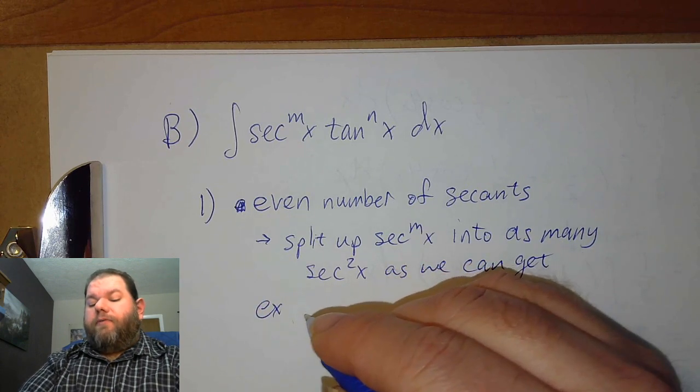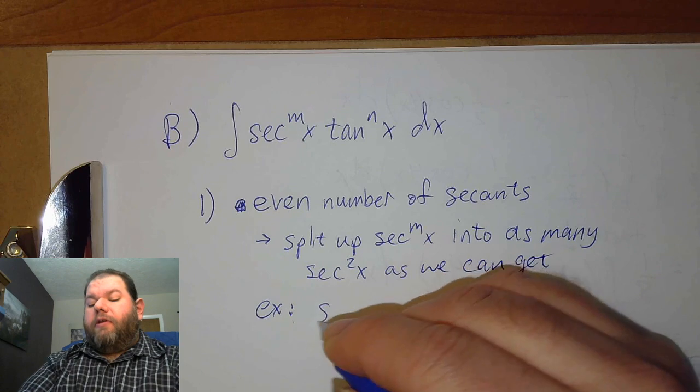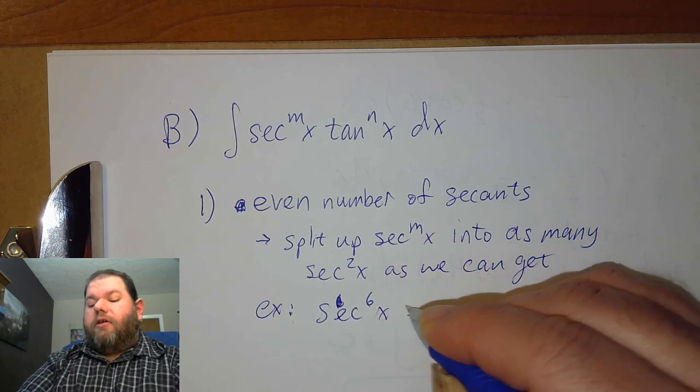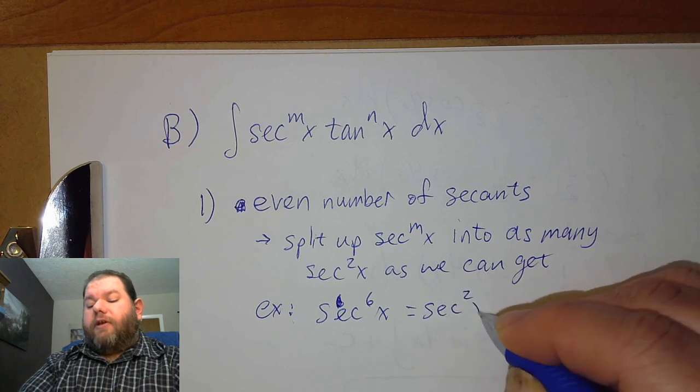For example, if we have secant to the 6th of x, then we'll make 3 secant squares out of that.